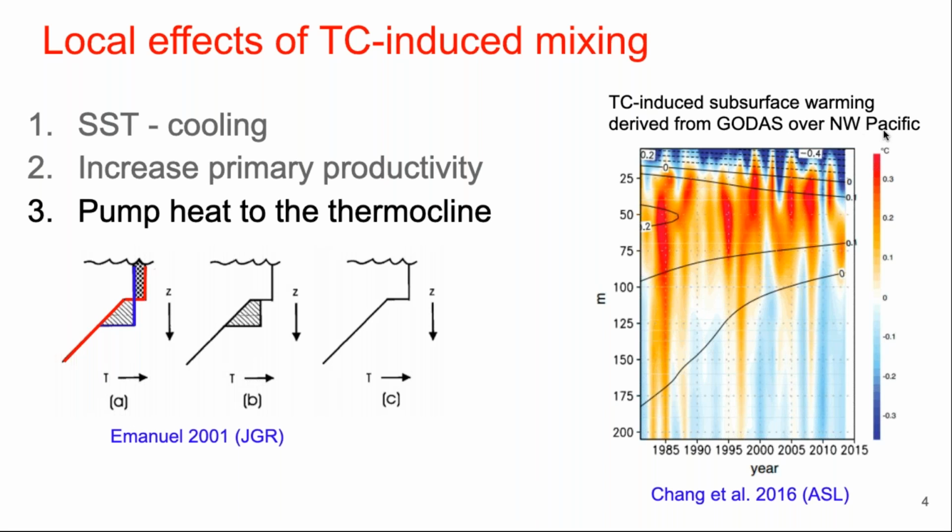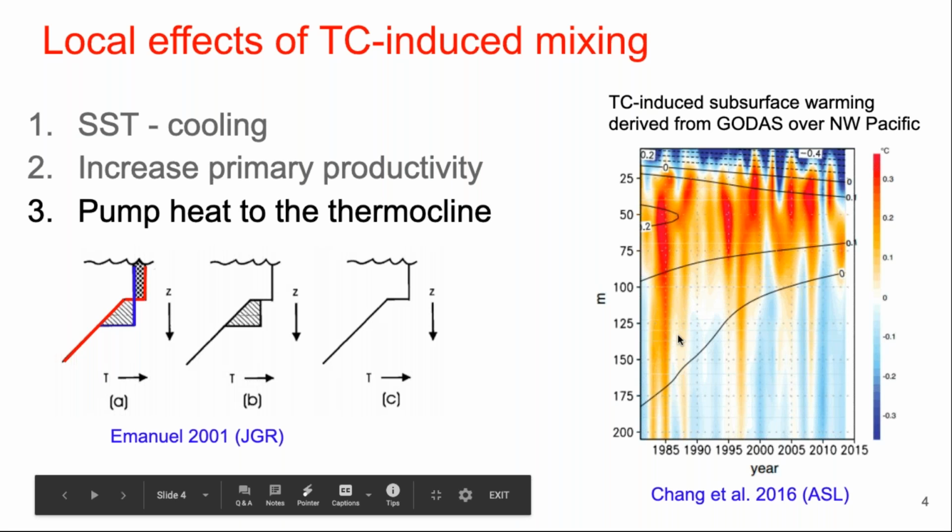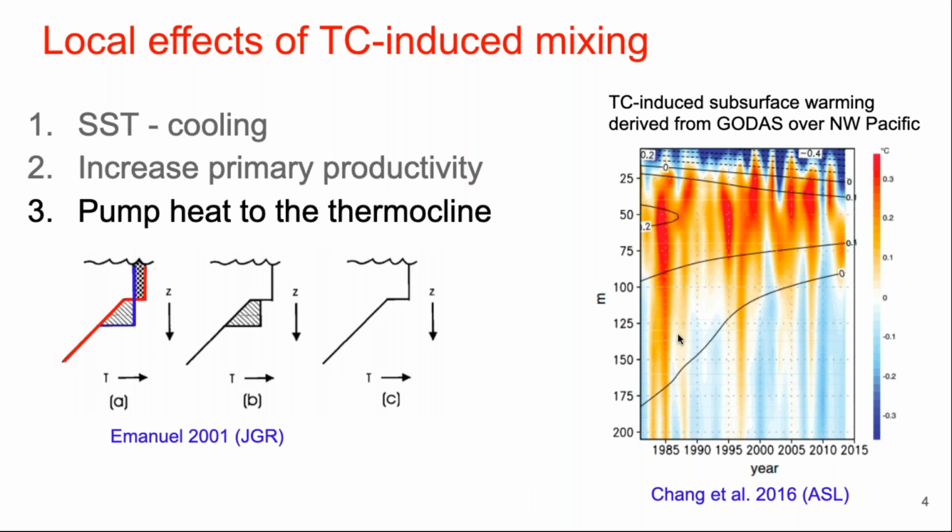They did this for the Northwest Pacific, and we can see that at the surface there is a cooling of temperature, and beneath it there is a warming of the subsurface temperature. Most of the warming happens in the upper 100 meters, and it can reach 200 meters. So that is the local effect of tropical cyclone-induced mixing.